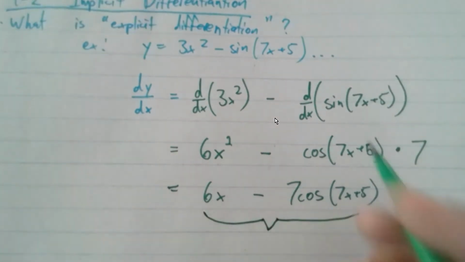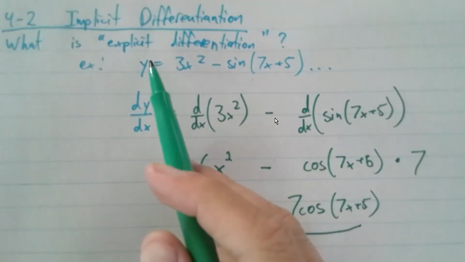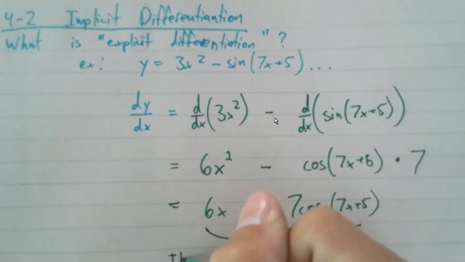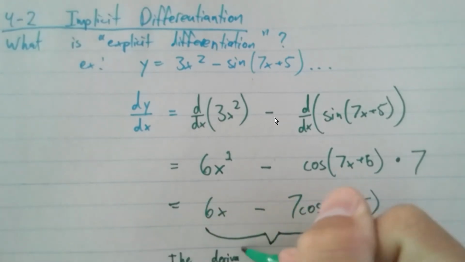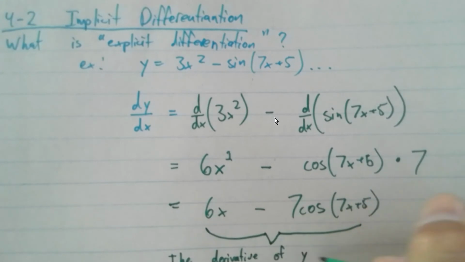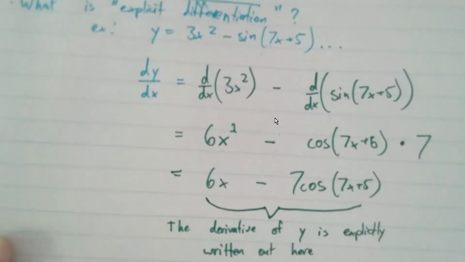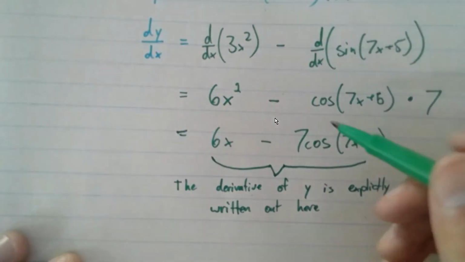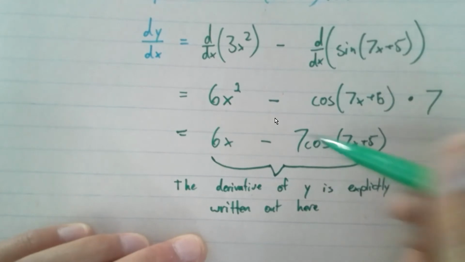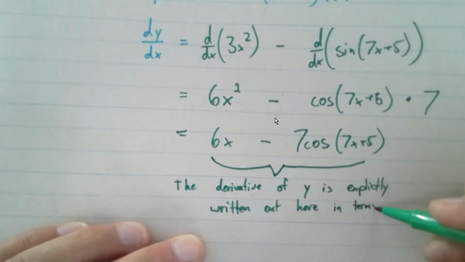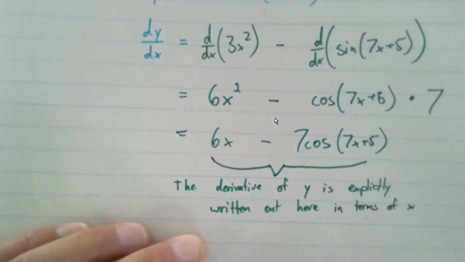So the whole point of this is to talk about what is explicit differentiation. I'm going to make a comment that the derivative of y is explicitly written out here, in terms of x, purely x.